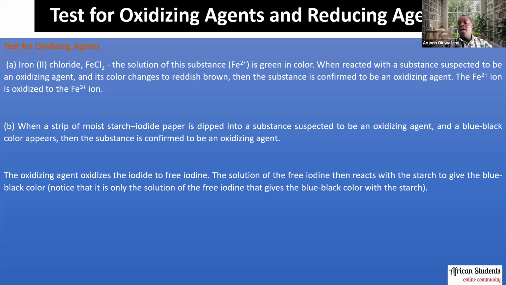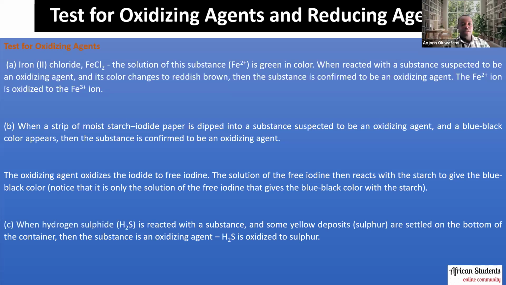The solution of the free iodine then reacts with the starch to give the blue-black color. Notice that it is only the solution of the free iodine that gives the blue-black color with the starch. So this is how we test for an oxidizing agent. Now, there's a third method, and that is the use of hydrogen sulfide.